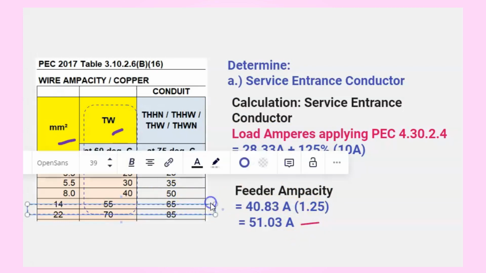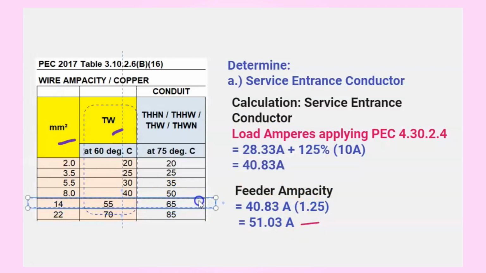So if we look at the table, if we use the 14 square mm, at 60 degrees Celsius TW, we have 55 amperes. For THHN or at 75 degrees Celsius, it can carry 65 amperes.